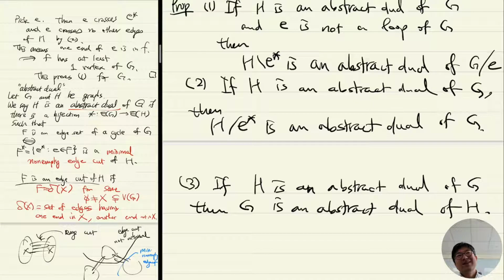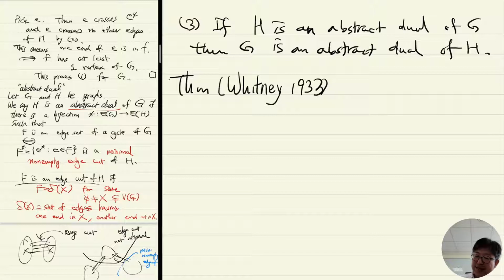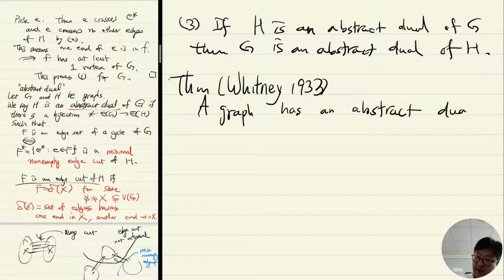So far, when you look at the definition of abstract dual, it doesn't assume any planarity, and you may think that we might have a generalization of the concept of geometric dual to non-planar graphs. And here's a theorem due to Whitney, which says the following: a graph has an abstract dual if and only if... What graphs have an abstract dual?